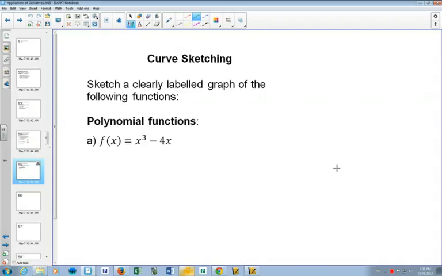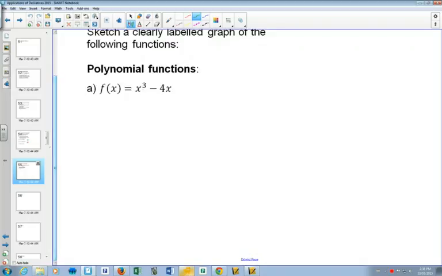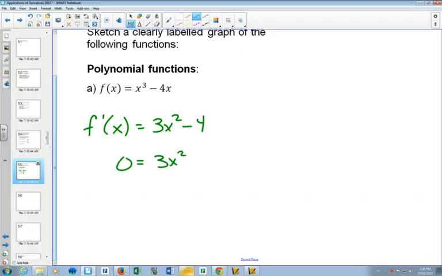Okay, so starting with our first derivative here, 3x squared minus 4, and then setting that equal to 0. 4/3 equals x squared. So x will equal plus or minus 2 over root 3, starting off with wonderful numbers.